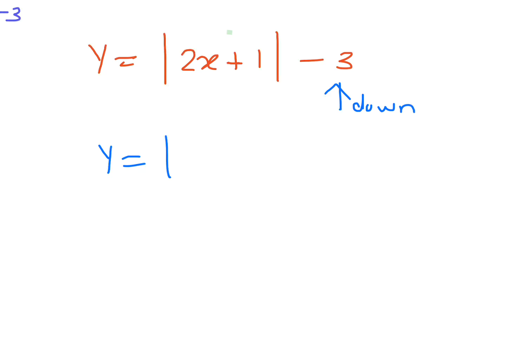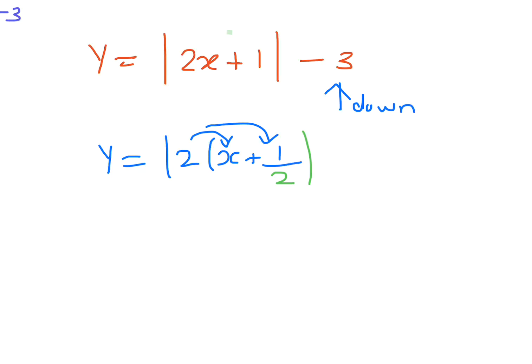To get your horizontal shift, factorise the 2 out, so it'll be 2 times (x plus 1 over 2). Now you need to put in an extra 2 here, because when you expand that, you want it to cancel with that 2 that's outside there.